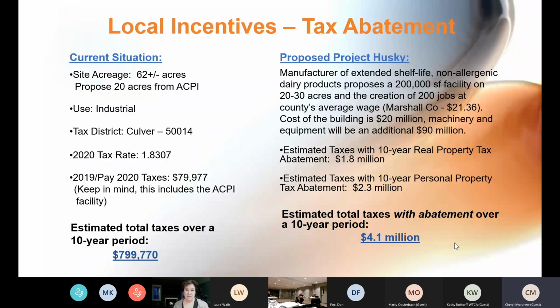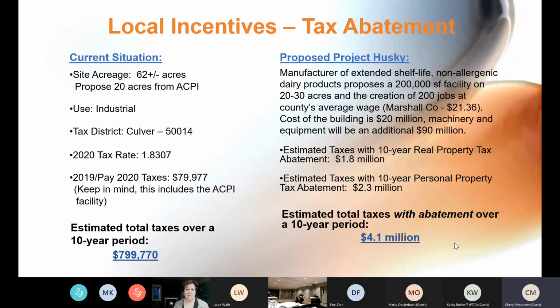But if you were to take this and run the abatement calculation for a 10-year real property tax abatement using the standard schedule, and a 10-year personal property abatement, again, using the standard schedule, you can see what kind of tax revenue would be generated. And again, these are very conservative numbers because the system that I use does not account for any increase in assessed value, no change in tax rates.